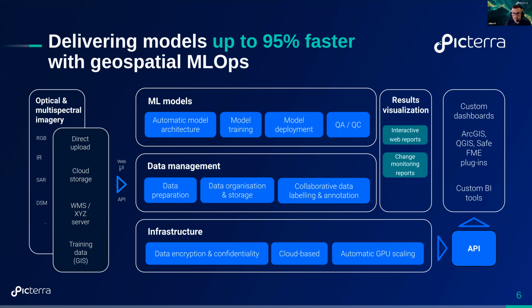Then we sit in the middle, basically between the data and the business application or the GIS application that you have and where you want to put the results of the machine learning project. In the middle here, we provide a full stack of tools and features around geospatial machine learning. Obviously we have a really strong infrastructure that is managed for you.